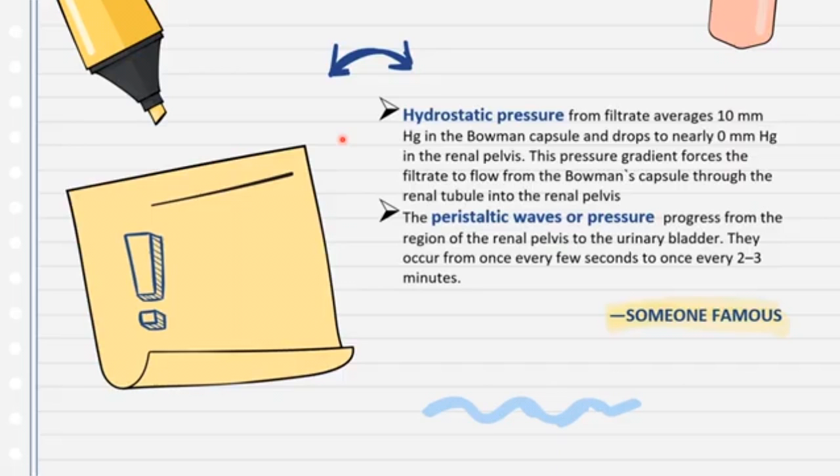And even when the urine volume is 100 ml, pressure rises to only 10 mm of mercury. Pressure continues to rise slowly as volume increases to approximately 300 ml. But above volumes of 400 ml, the pressure rises rapidly.